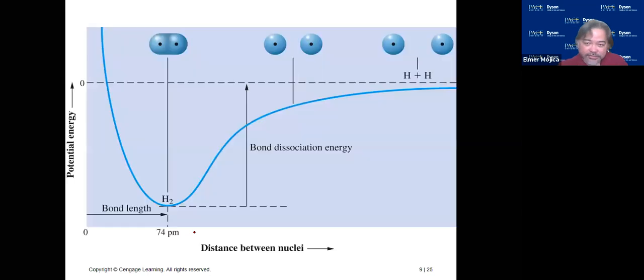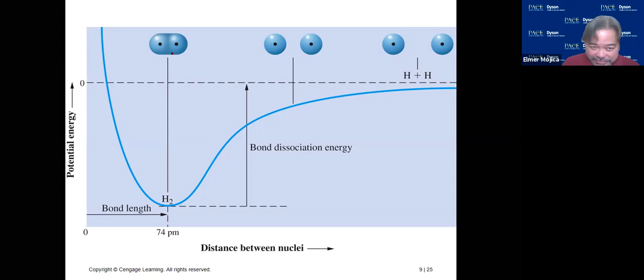If you look at the energy with respect to the distance between the two nuclei, as you make them closer to one another, they go to a point where the potential energy is at the lowest.